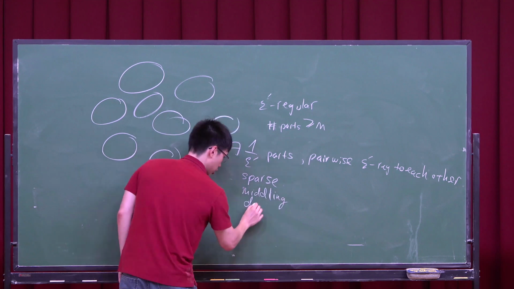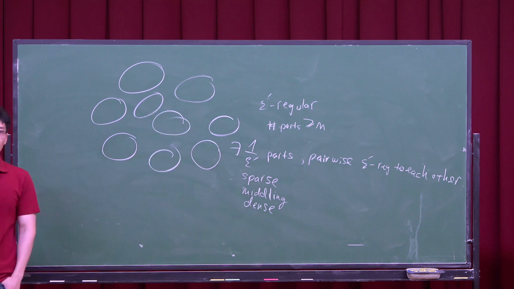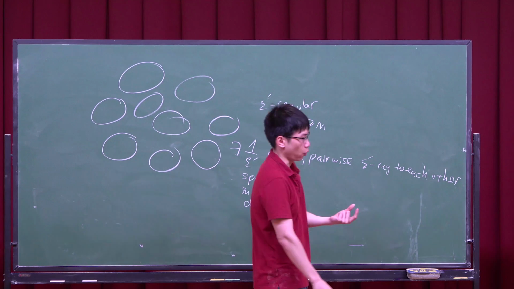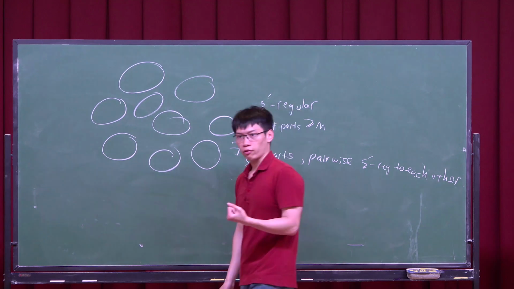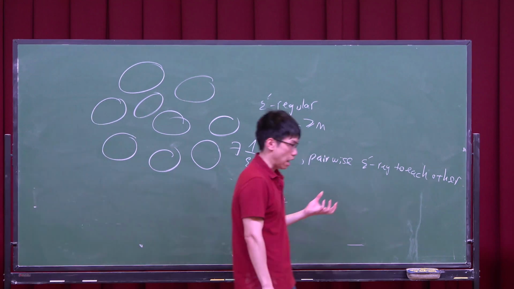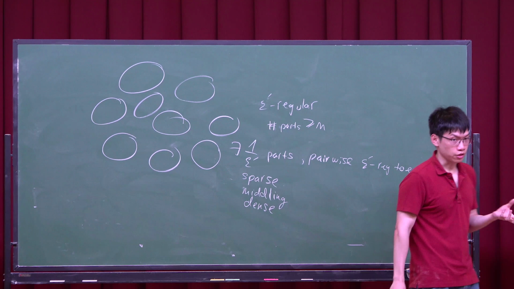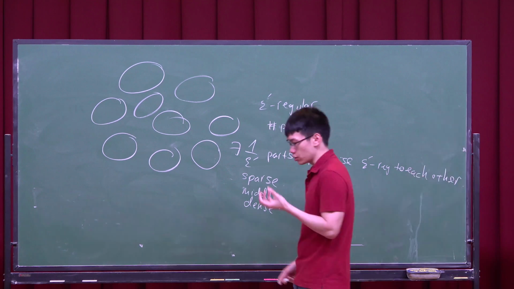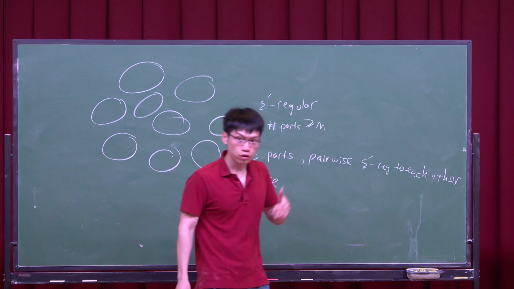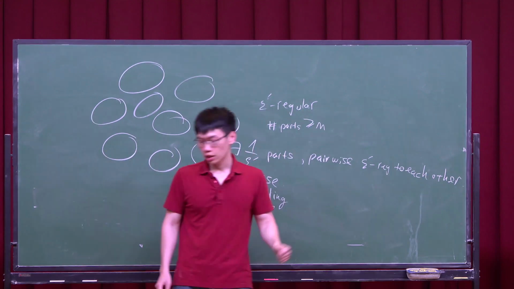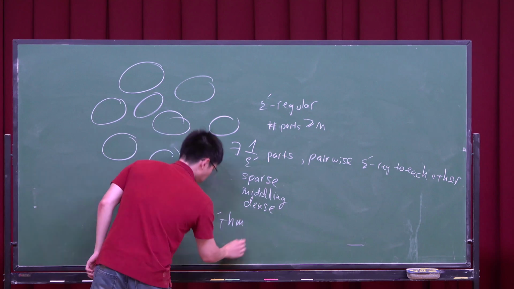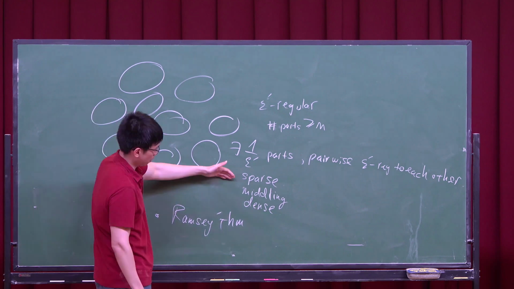So now our situation is very similar to a Ramsey problem, right? You have a complete graph, and then for every pair, you have one of three choices. So what Ramsey's theorem says is you can extract a decent amount of parts such that every pair has the same type. Right? So all the pairs are uniformly sparse, or uniformly dense, or uniformly middling. So now we use Ramsey's theorem. The next part is to use Ramsey's theorem based on this classification.